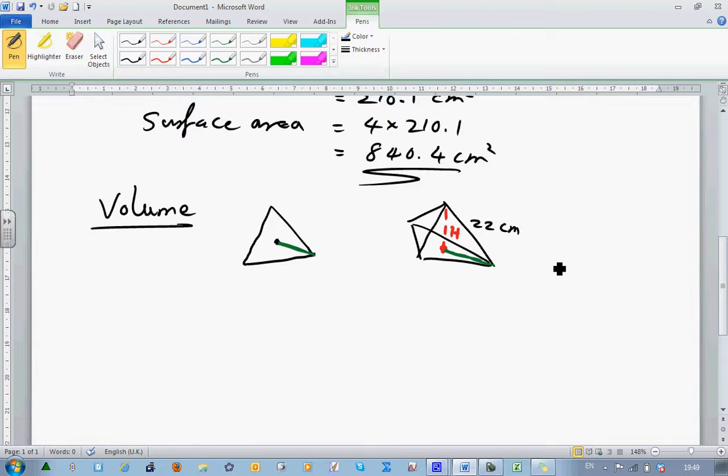Well, we could extend it down and make the right angle again. So we know the length of that because that's one of the faces.